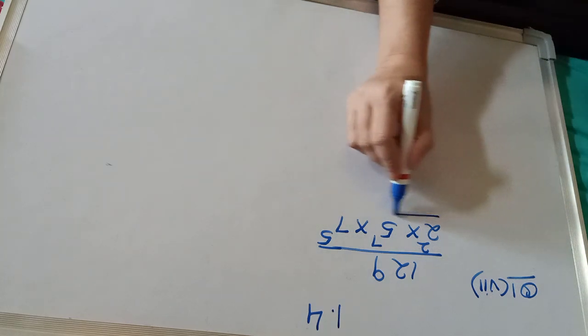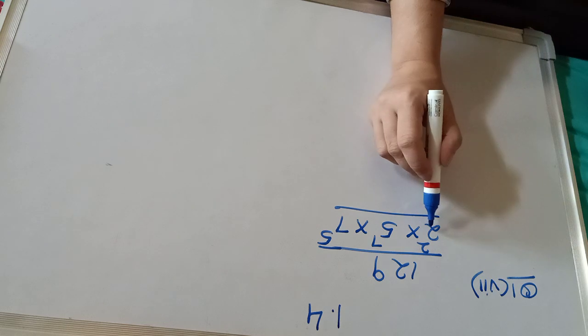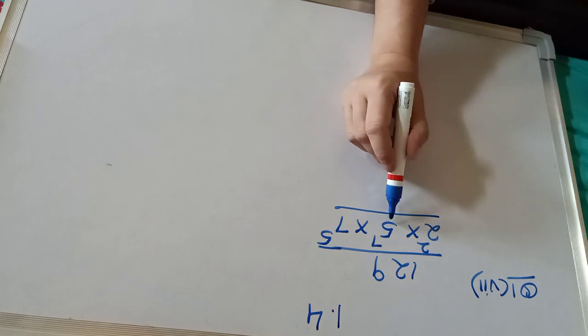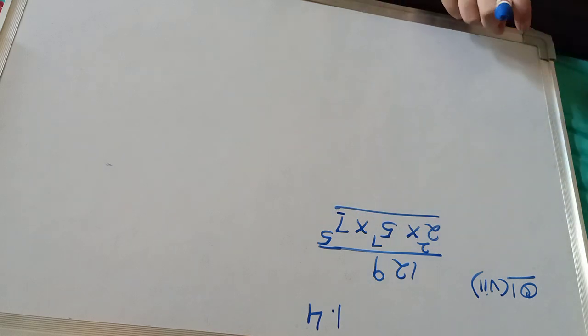Now what about the denominator here? It's of the form 2 square, then 5 raised to power 7, but in addition we have 7 raised to power 5 also.